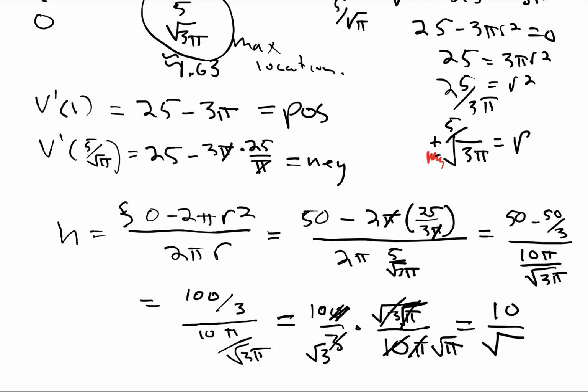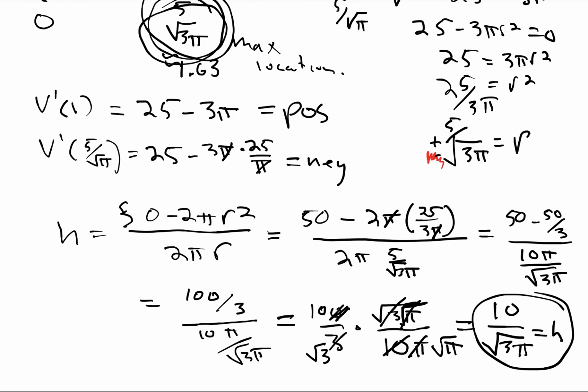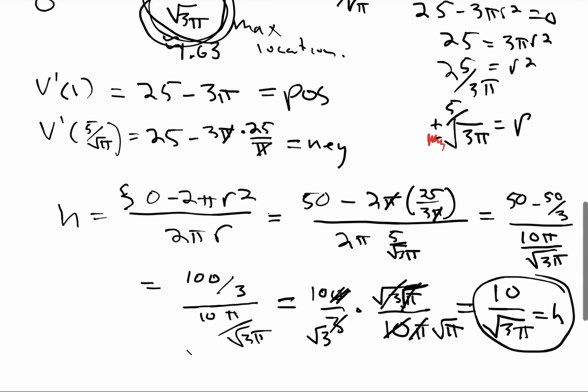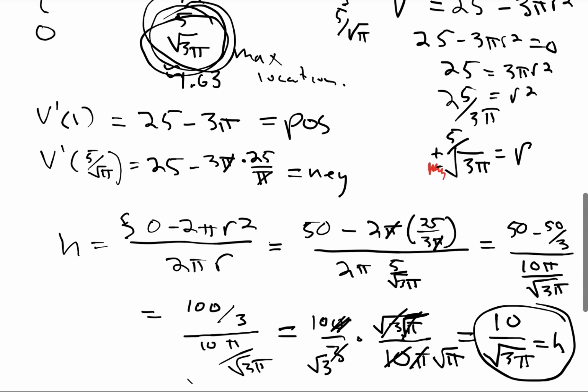So, long story short, here is my height, and up here, way up at the top, this guy was supposed to be my radius. Now, keep in mind what this is basically saying. My height is twice what my radius came out to.